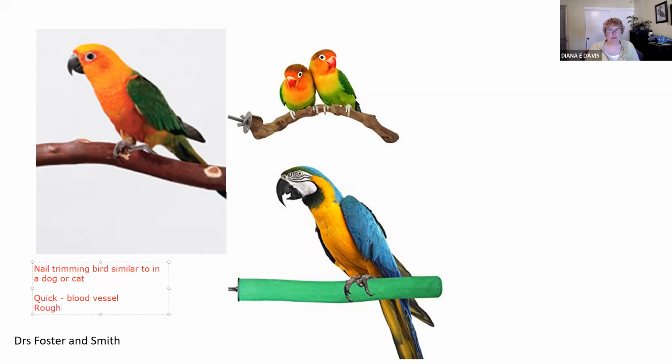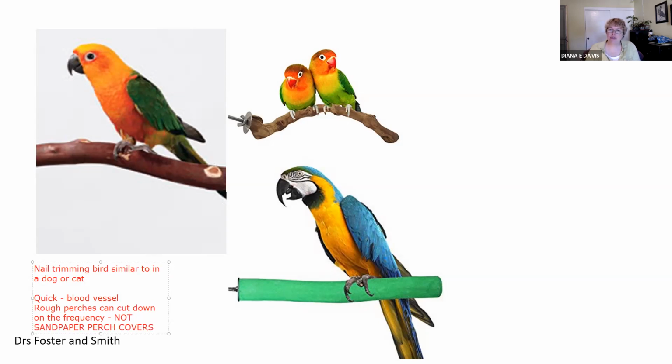Rougher perches can cut down on the frequency. I'm not talking about sandpaper perch covers.